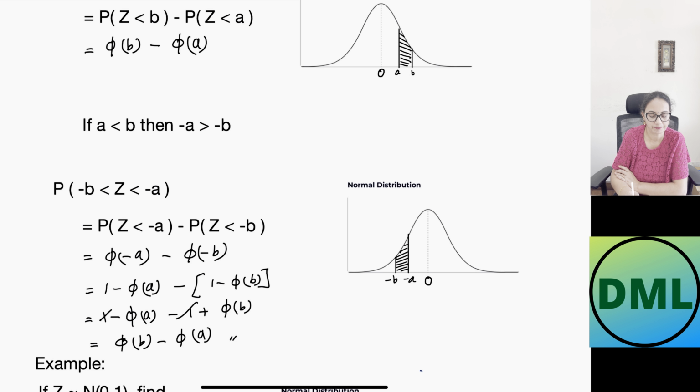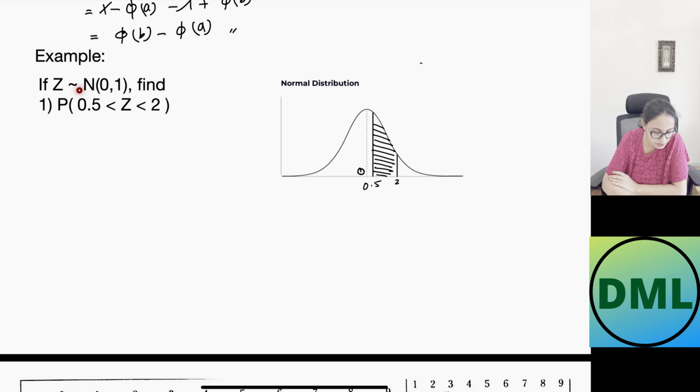Let's see some examples here. If Z is normally distributed with mean 0 and variance 1, find the probability that Z is greater than 0.5 and less than 2. Both values are positive. This will be greater than 0. So 2 is here, 0.5 is here.